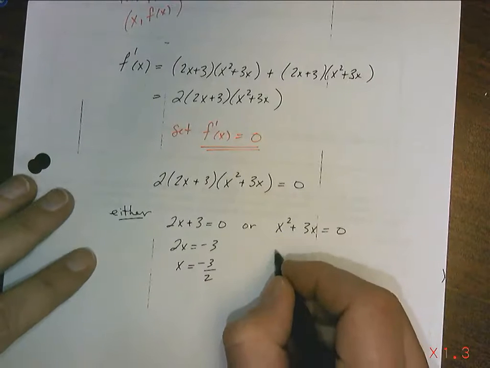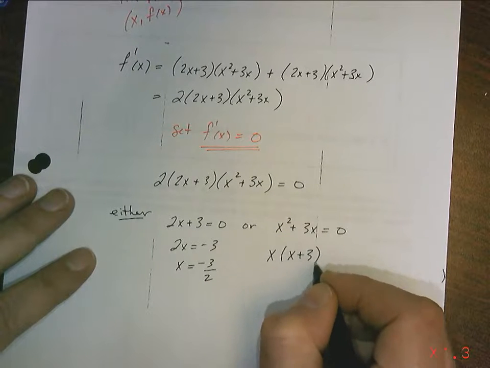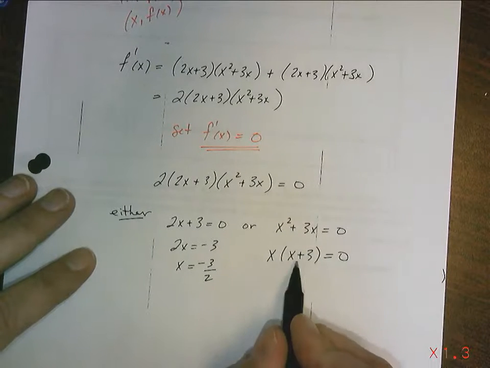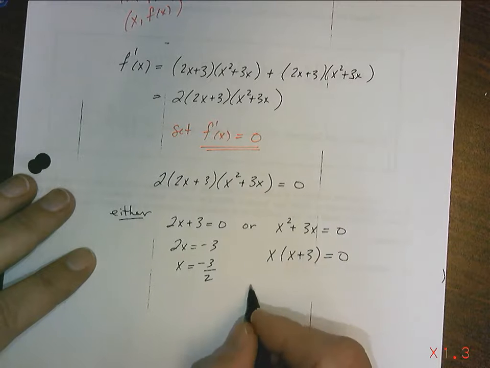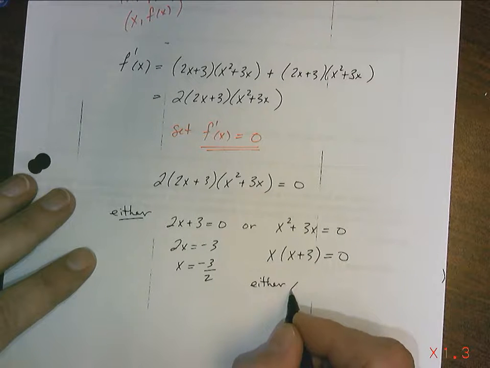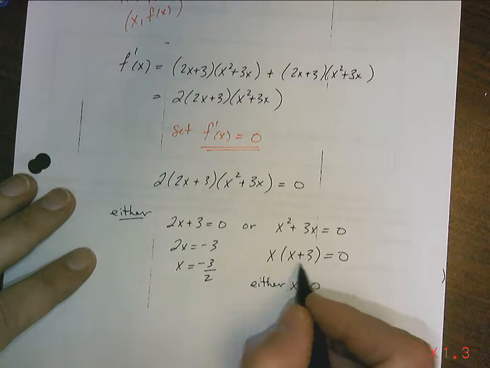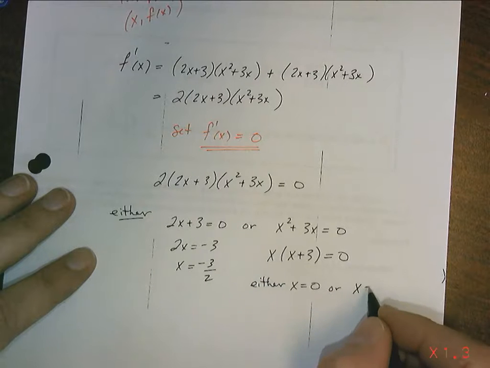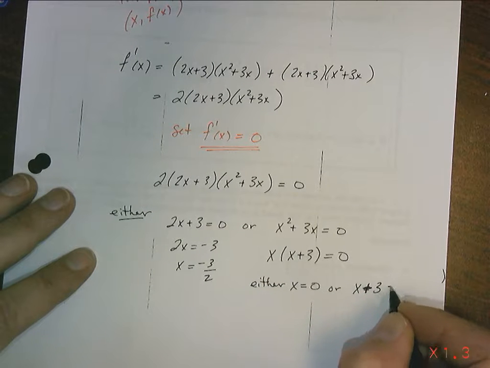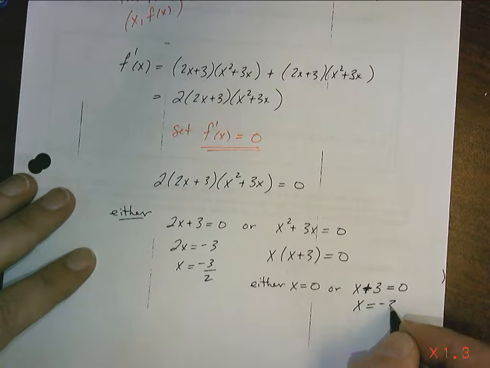This one needs to be solved. Well, we're going to factor this. We have two things that multiply to give 0. So either x equals 0, and it doesn't matter what the middle is, or the second one is, x plus 3 equals 0, in which case x equals negative 3.